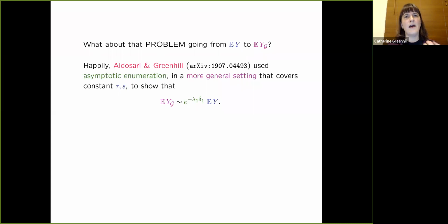And in fact, it doesn't have to be regular, the degrees can grow, the uniformity can also grow a little bit. Certainly it's more than enough for our purposes, and it enabled us to prove that the ratio between the expected value for hypergraphs and the expected value in the configuration model is exactly what we need for this whole thing to work. So you just have to port something in from outside, and asymptotic enumeration is a good way to get what you need.